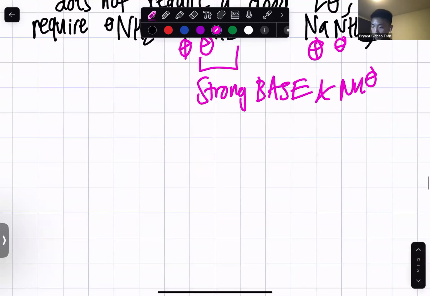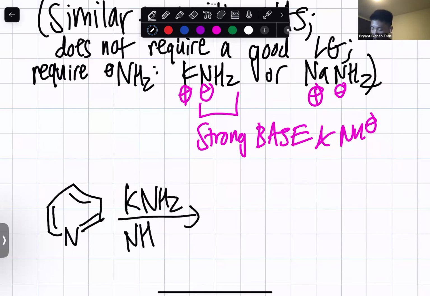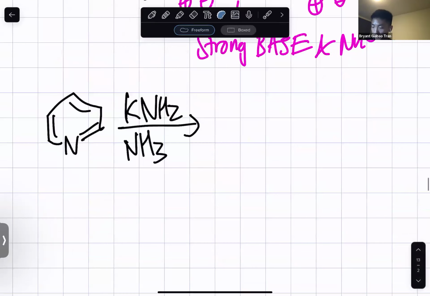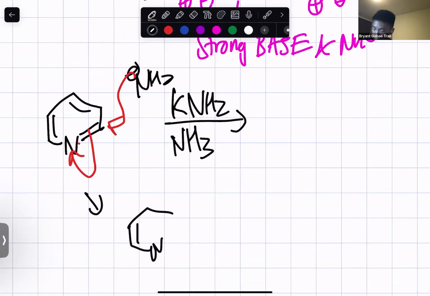So let's say we have this pyridine here, and we put that under KNH2 and ammonia as a solvent, NH3. The NH2 minus is going to attack the second position, pop this double bond onto the nitrogen to give that nitrogen a negative charge.